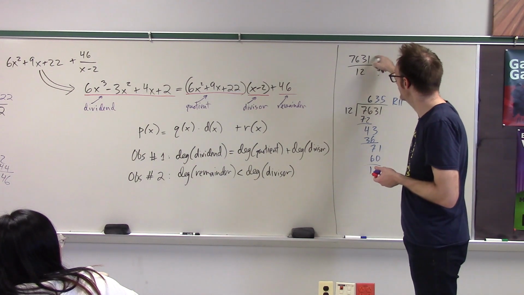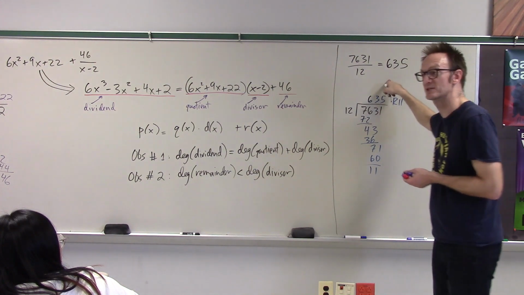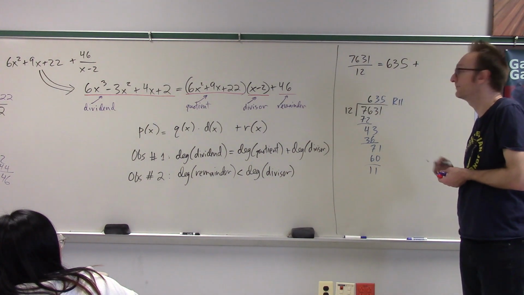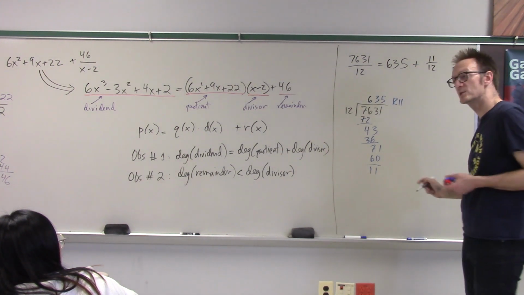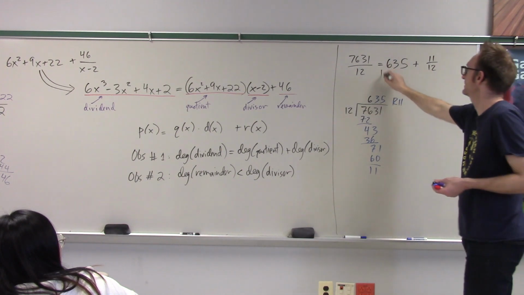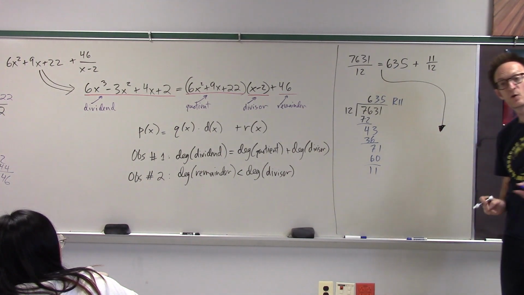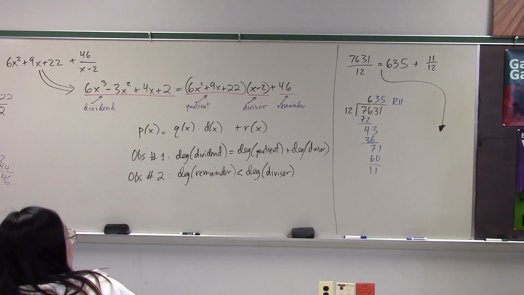It means that when you divided this number by this number, it went in 635 times, and not quite 636 times, right? So 635 and 11/12. Okay, so this is like normal long division, but since division is not real, one may, once again, rewrite this statement using just whole numbers only.